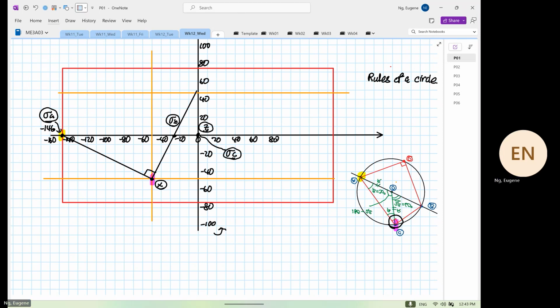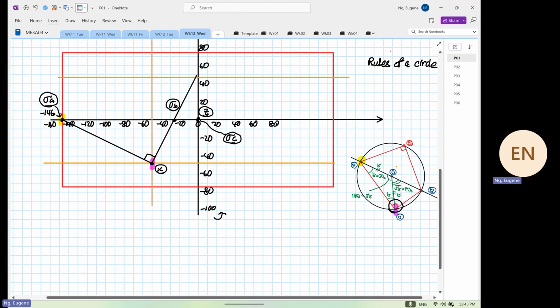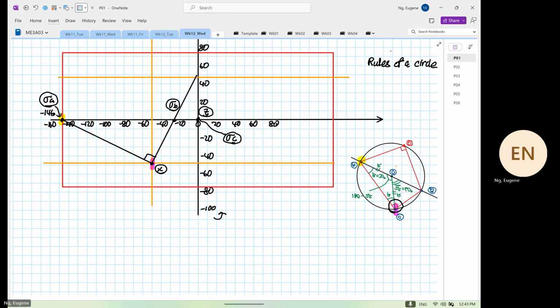So now we can determine the position of stress B, yes or no? We are going to determine the position of stress B and find stress Y in the XY plane.